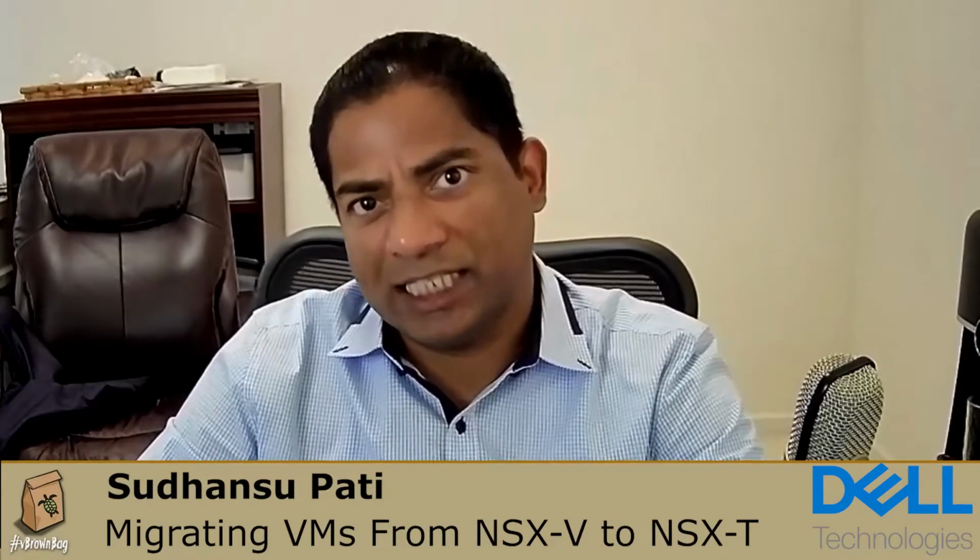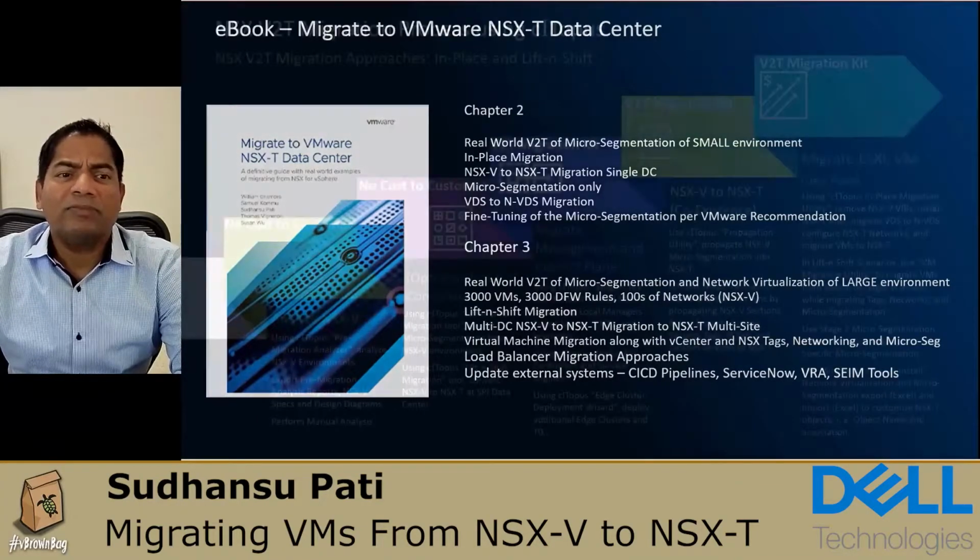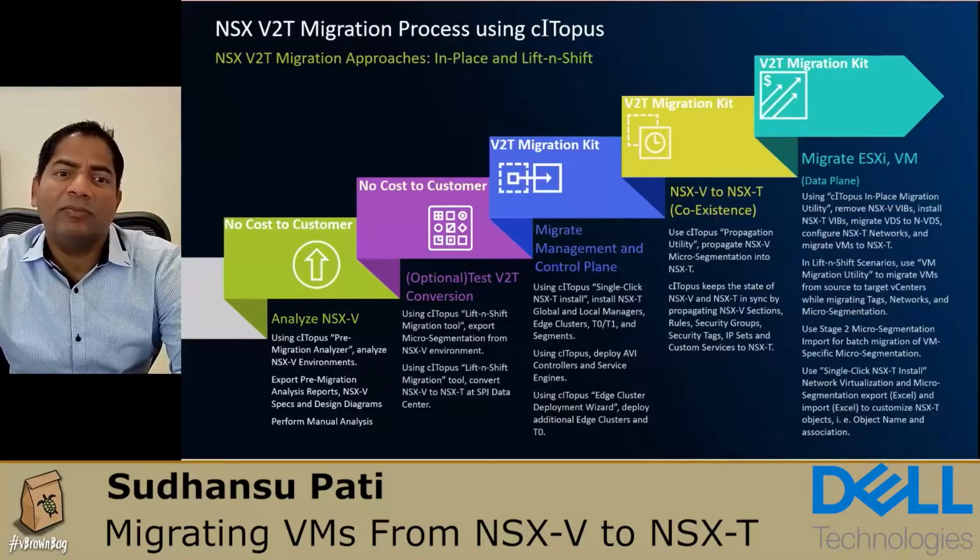Chapter 3 is a lift and shift migration approach where you could read about and learn how various components of NSX-V were migrated to NSX-T, including microsegmentation, load balancing, and network virtualization. This book is available as an ebook for you to download. You could Google it and download it based on the name of the book, and you should be able to get to it. I talk about this migration process because this is extremely important.